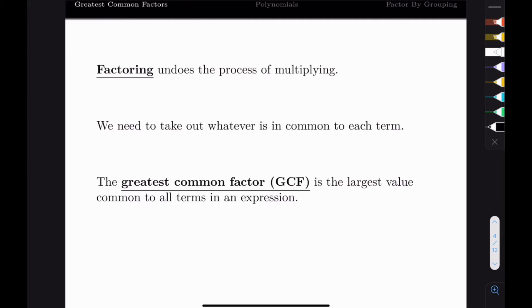So what we're going to start by practicing with is trying to just take out what each single term has in common. Now, unfortunately, this isn't going to be something that we're able to do every single time when we start getting more complicated expressions. But what we want to search for is, is there something that every single term is divisible by? And if so, then I can take that out.